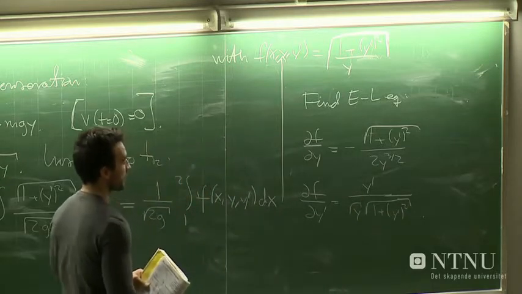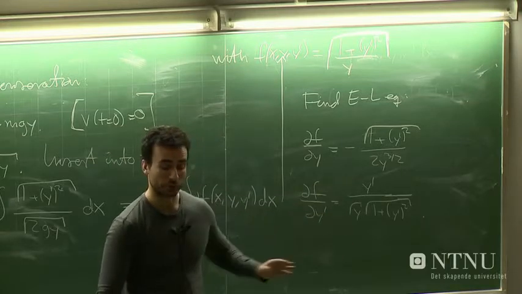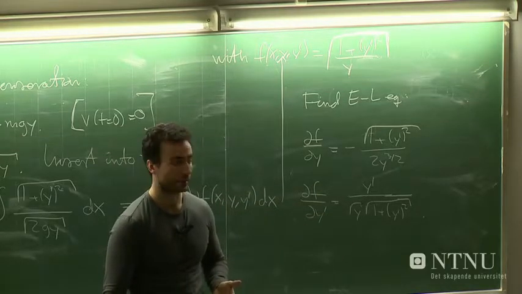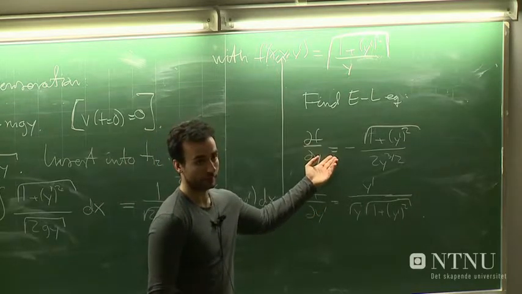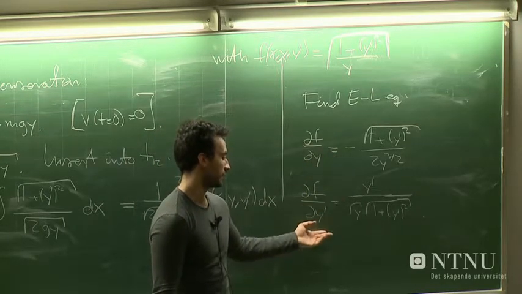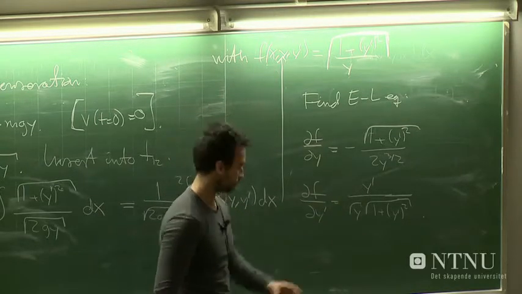And we get this. So we can already see that it's going to be more complicated than the previous example, because in the previous example we were fortunate enough to have this 0. So we only had the x derivative of this expression. But now we have two terms.